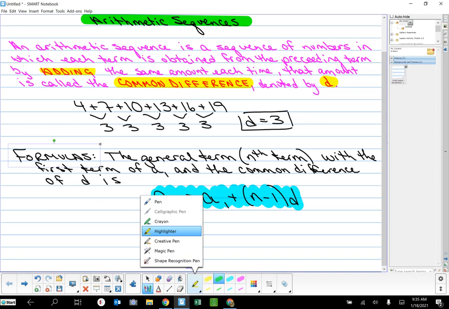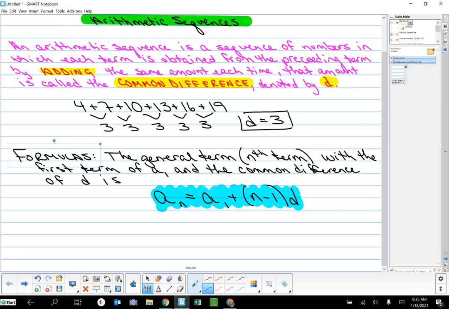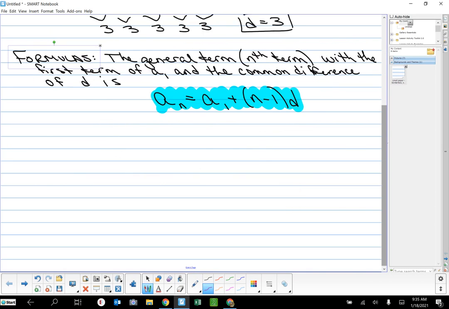All right, so next, we also have a formula. Let's get down the page a little bit. You have a formula for the sum of the first n terms. So obviously we're talking about a finite sum, right? If we're talking about the first n terms, it has an end.